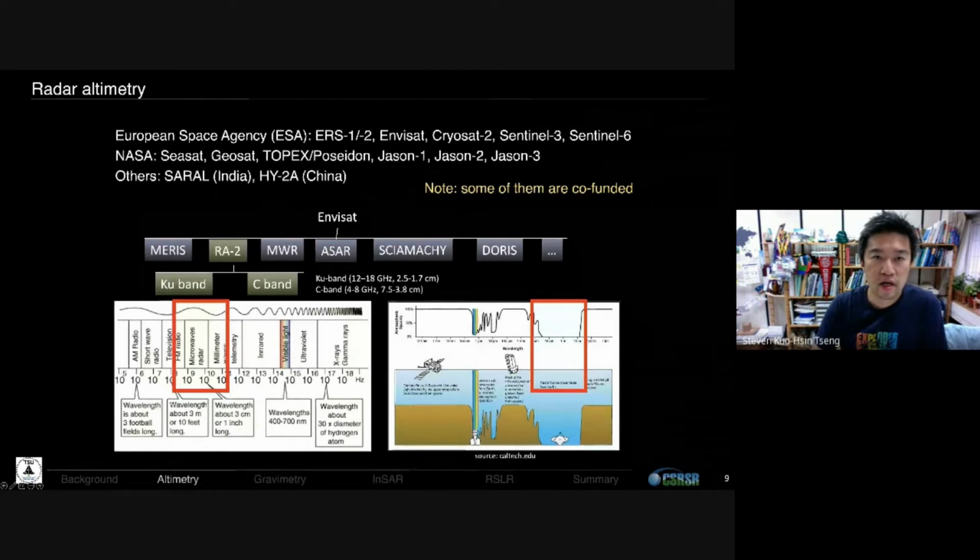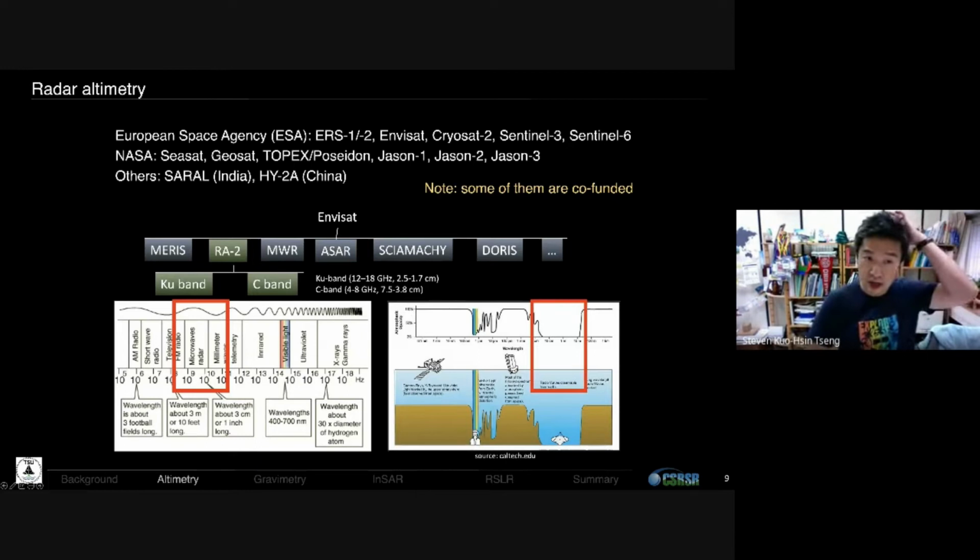Once again, there are a lot of missions, either from the European Space Agency, from NASA, or from other countries. An example is ENVISAT, which has a radar altimeter payload called Radar Altimeter 2. It sends out Ku band and C band signals together.